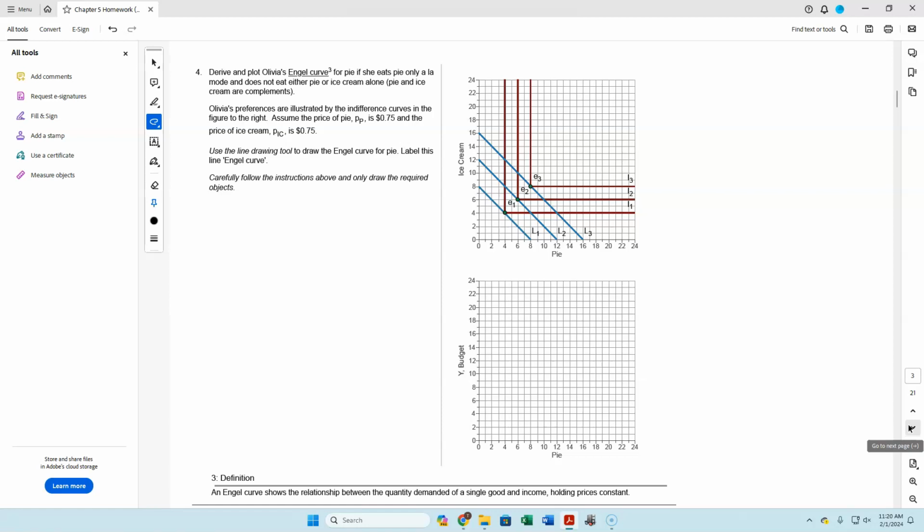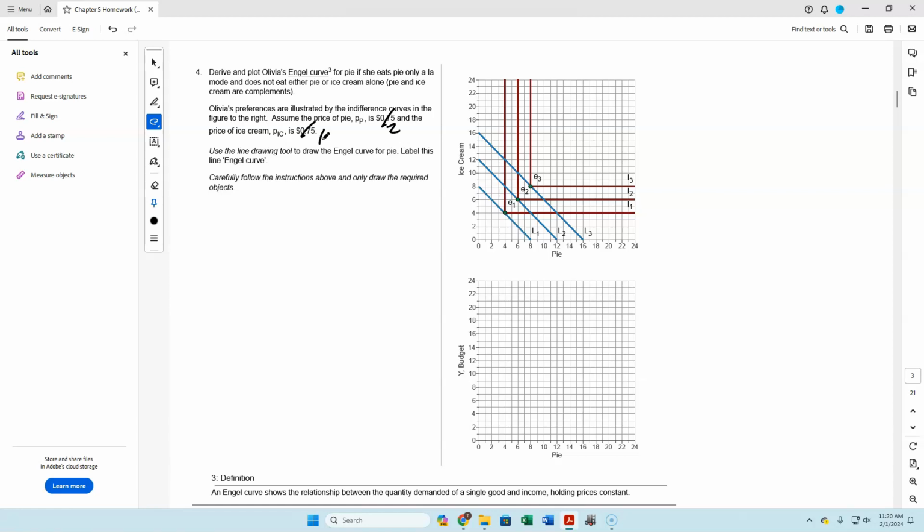In number 4 here, in my case, I had a price here of 2 and a price here of 1. And what we're asked to do here is draw the income consumption curve. The curve is going to tell us purchases based on our level of income.